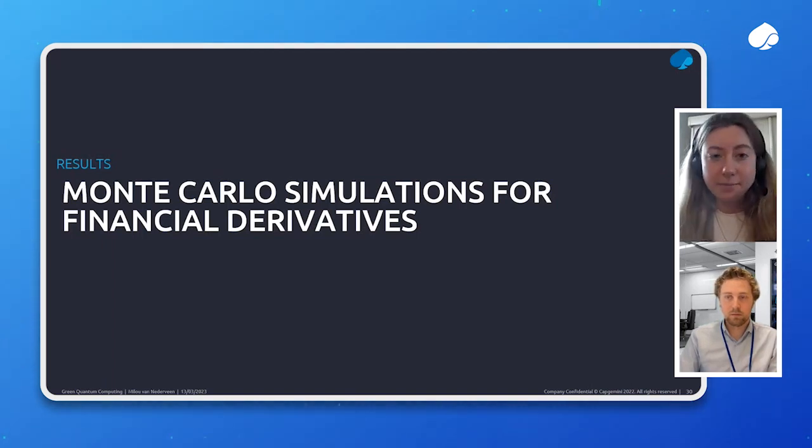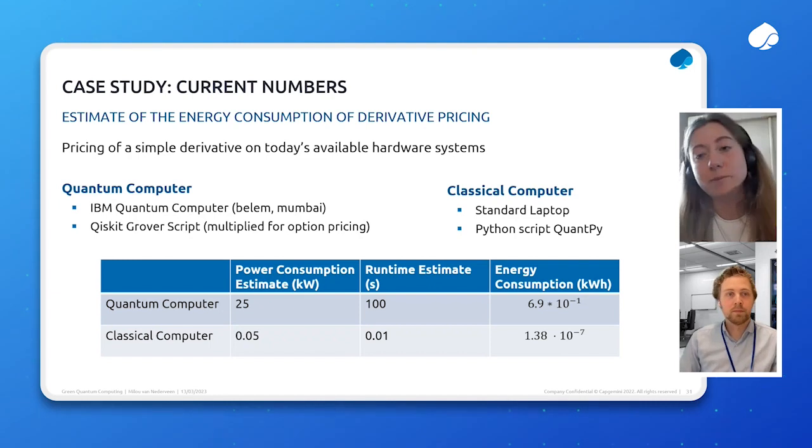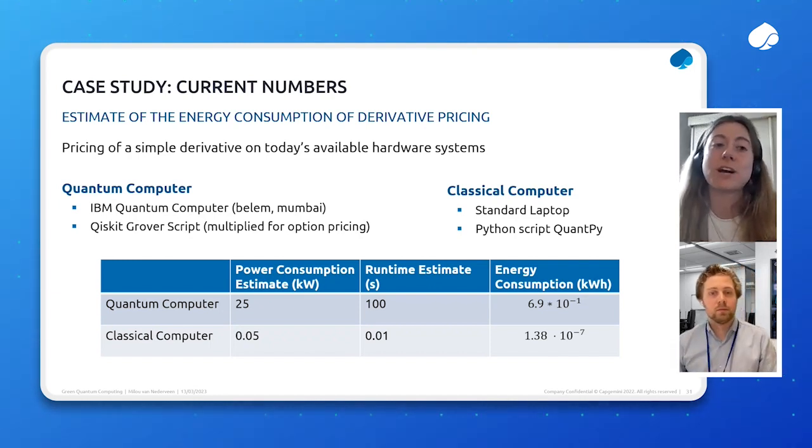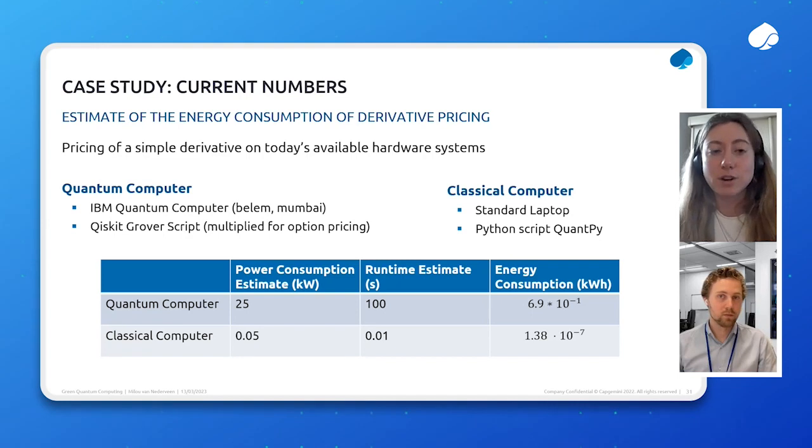Now, to specifically apply this again to financial derivative pricing, we did a very small case study, which gives some current numbers, where we used a quantum computer and compared this to a classical computer for pricing a very simple derivative on today's available hardware systems. We used the IBM quantum computer and ran the Grover script and then used this for an estimate for the option pricing.